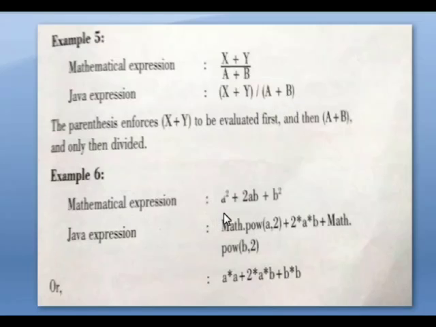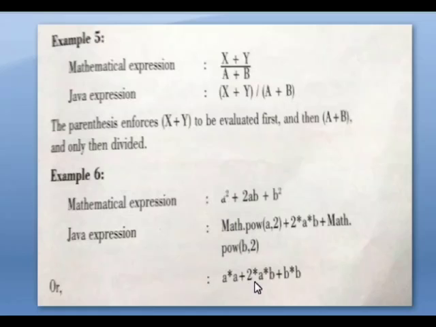It is a power, so you have to write Math.pow of base a and power 2. The first one is the base and the next one is the power, plus 2 into a into b, plus Math.pow of b comma 2. B is the base and 2 is the power. Otherwise, since it is a small power, you can also write it like this: a into a plus 2 into a into b plus b into b.